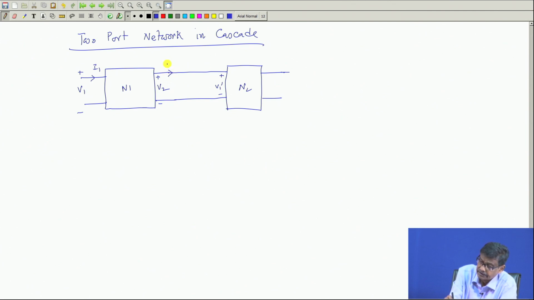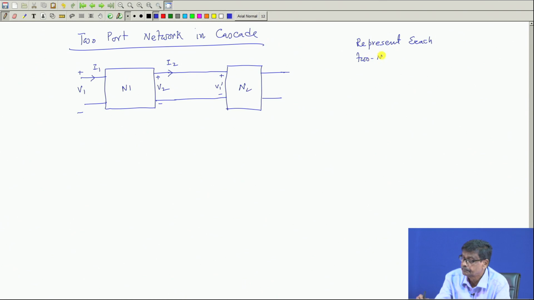Let us show that this is I 1 for two ABCD parameter representation. I will represent each two port network in terms of ABCD parameters.